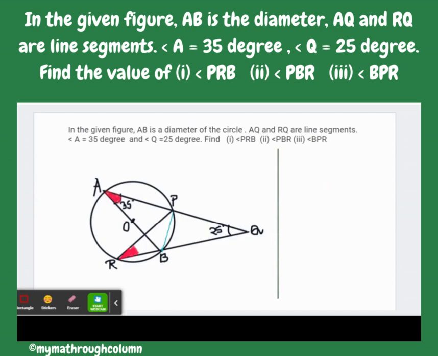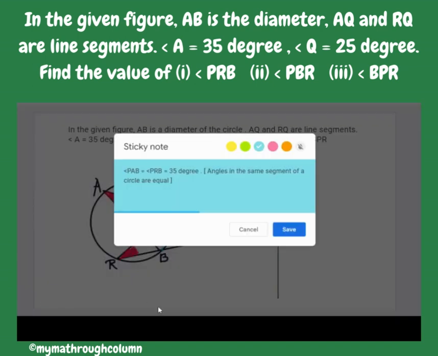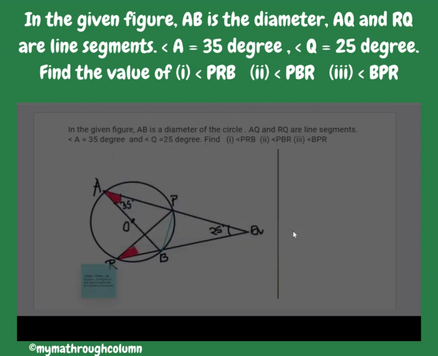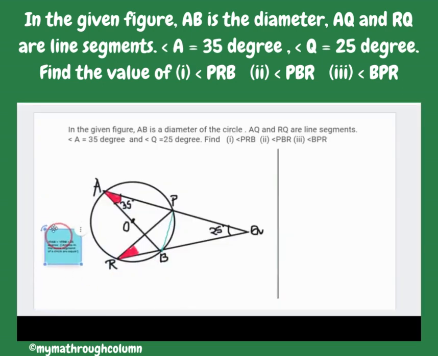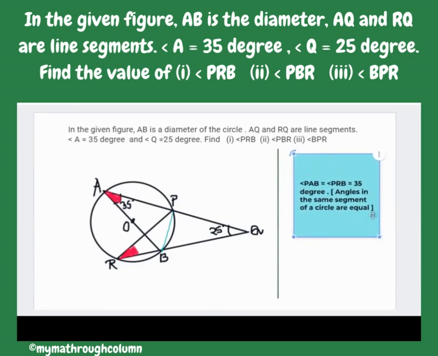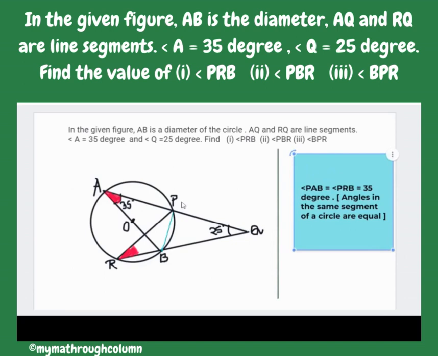We know angles in the same segment are equal, hence angle PRB is equal to angle PAB, that is 35 degree, because angles in the same segment of a circle are equal. Always mention the reason when you calculate these angles by the side.